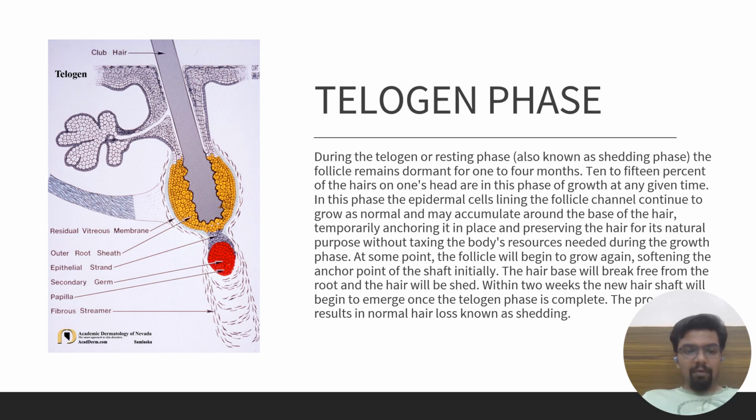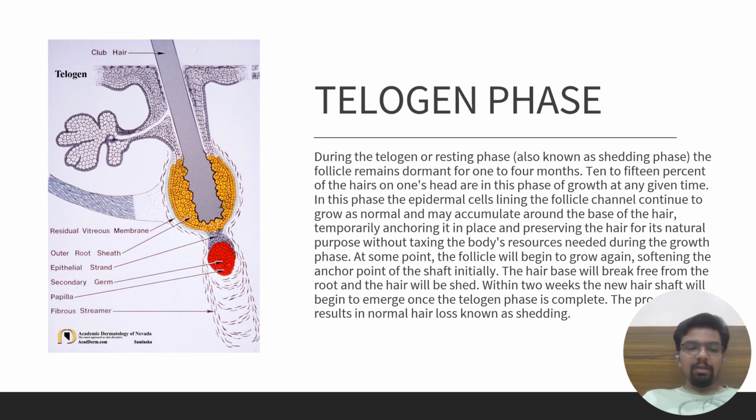Now we will talk about the telogen phase, and this diagram is also different from the previous one. We can see the residual vitreous membrane and the outer sheath, the epithelial strand and secondary germ, and also the papilla. Now it is a shedding phase.